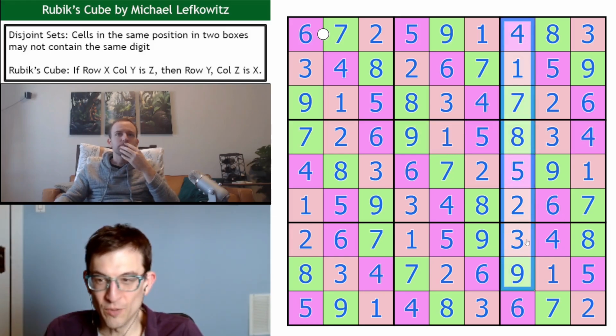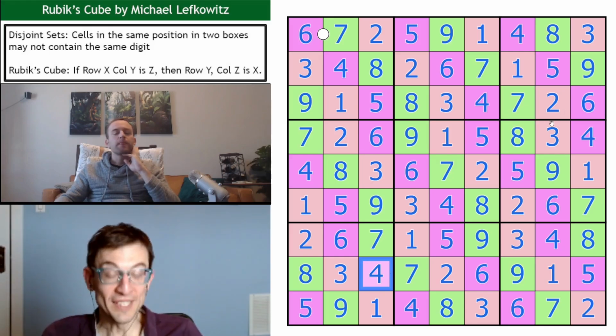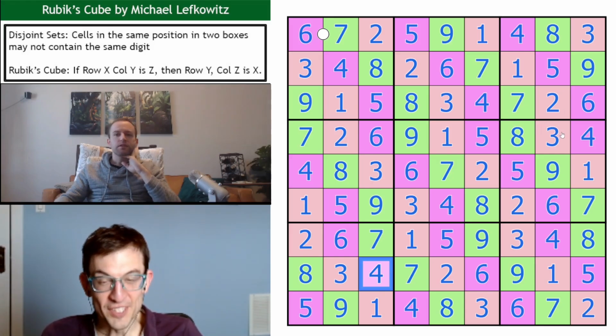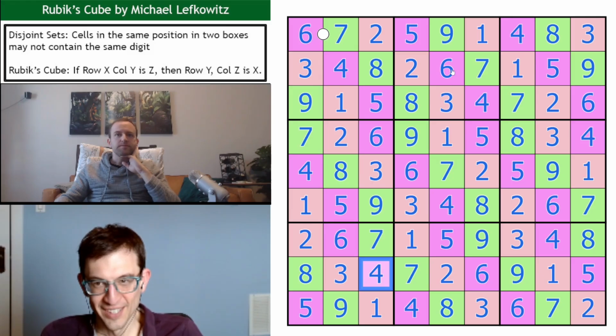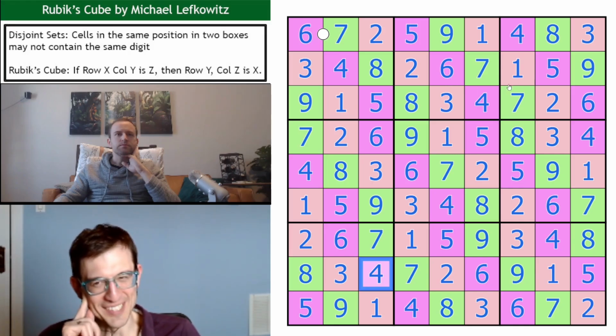So they're in rows but not columns. Which makes sense because the disjoint rule says you only get it in one direction because... hold on. In my head that made sense for a second, but now I'm not sure.